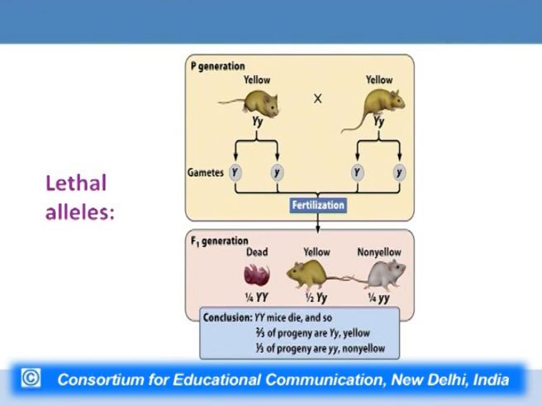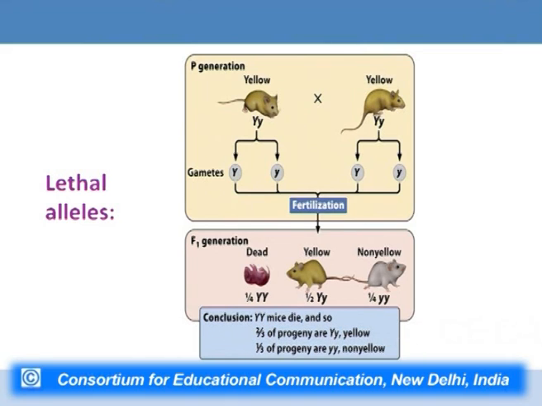It is seen that when yellow individuals are mated among themselves, they lead to formation of individuals who are either capital Y, small y, small y, small y, or capital Y, capital Y. This particular allele acts as a recessive homozygous lethal, and all the individuals who are having the capital Y capital Y genotypic combination will die, whereas individuals who are capital Y small y will be yellow colored, and those who are small y small y will be non-yellow colored.